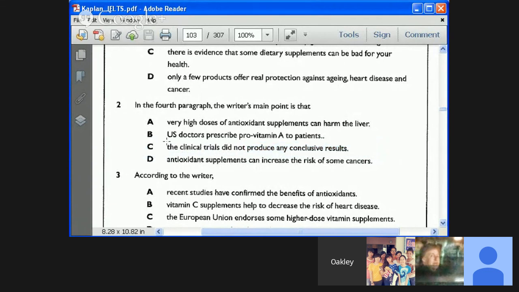C has got to be false. This is a little bit of a trick. It seems like, oh, okay. Of course they didn't produce results because they were halted. The trick here is that it says conclusive. That means they got differing results, but they didn't get any results. It's a trick, you see. So yes, I think you're right. D would have to be the correct answer.